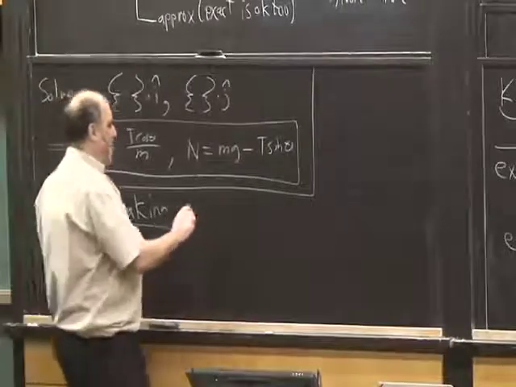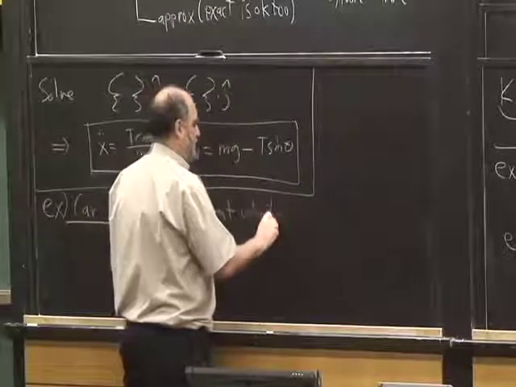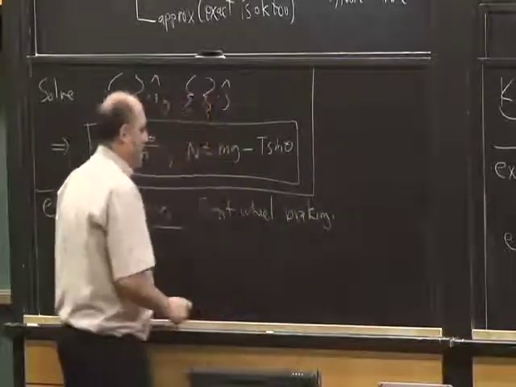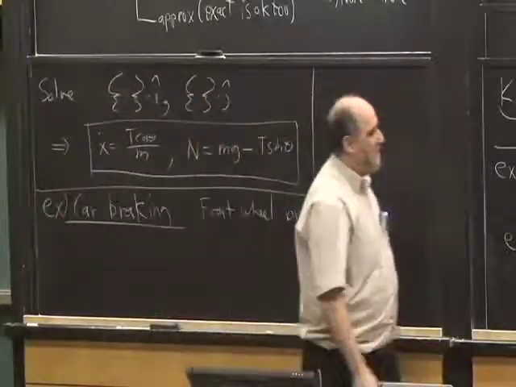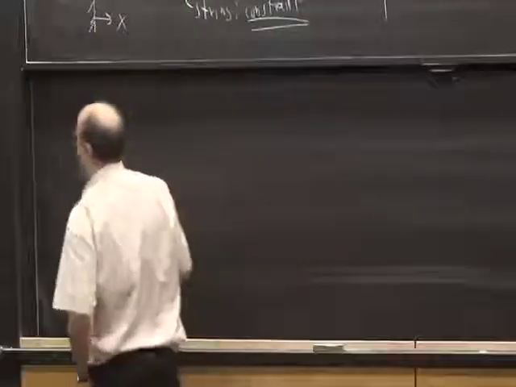We're going to do, as an example, front wheel braking. Let me draw a picture of the system and then try and work out what's going on.